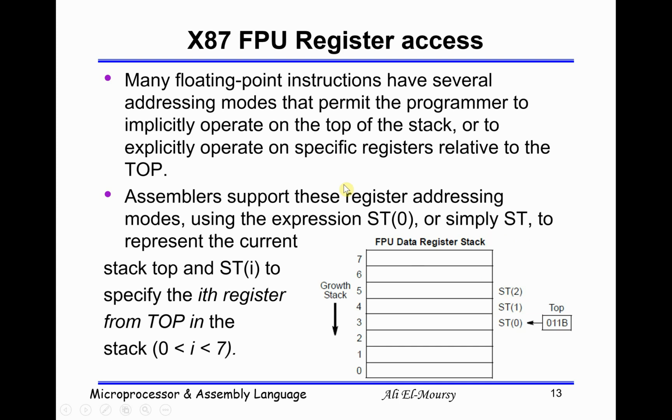There are other ways to access those registers explicitly by mentioning their names, but this is not the conventional way. Those are actually called FR0, FR1, FR2 and so on.